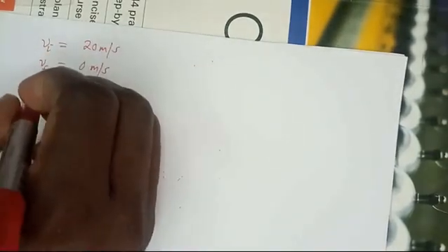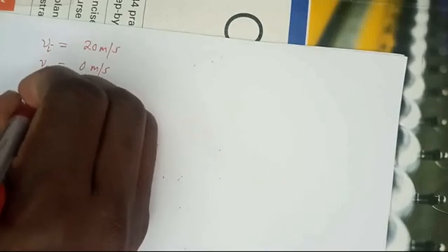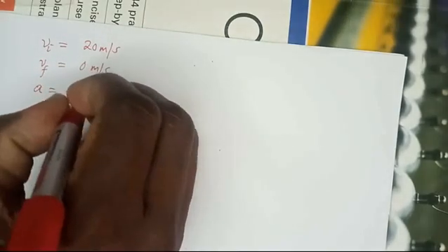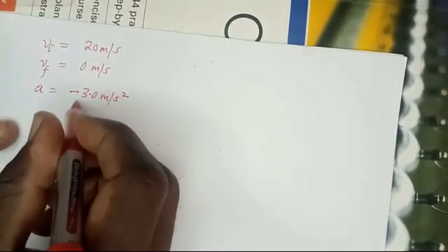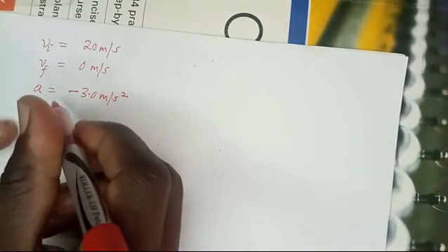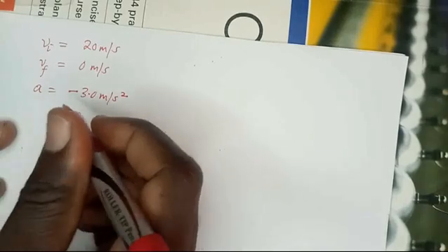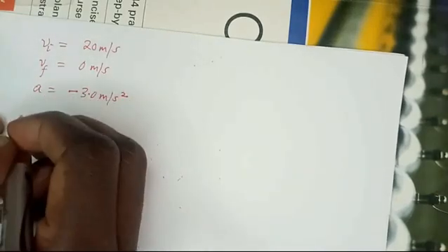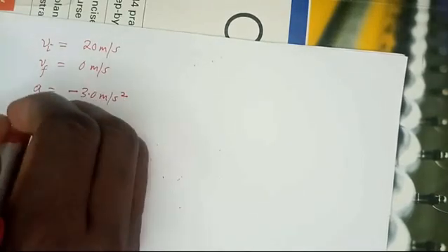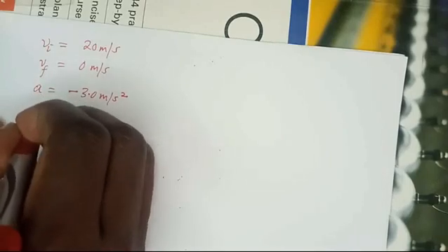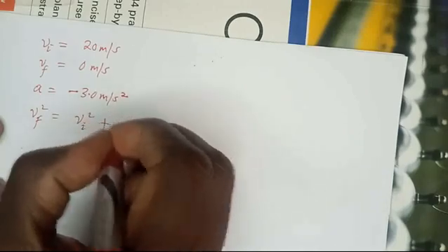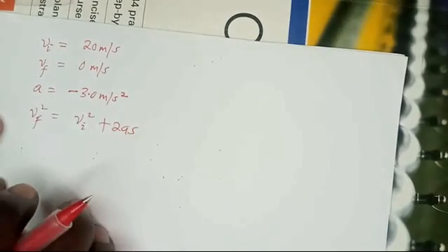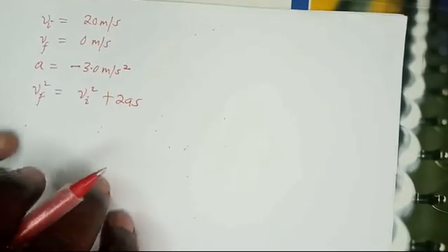We don't know the time, but we know the acceleration is negative 3.0 meters per second squared, because the car or bus slows down. Now, how do we find s? We use this formula: v sub f squared equals v sub i squared plus 2as, because we don't know the time, so we will not use the one that has time.